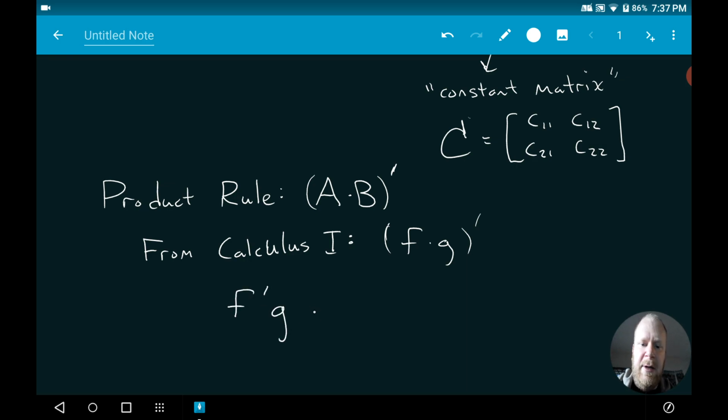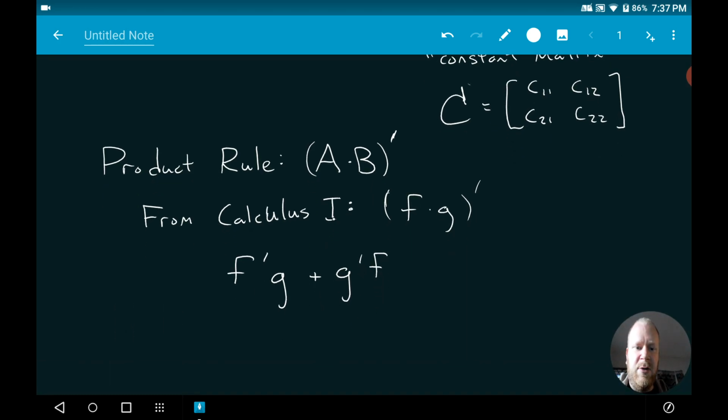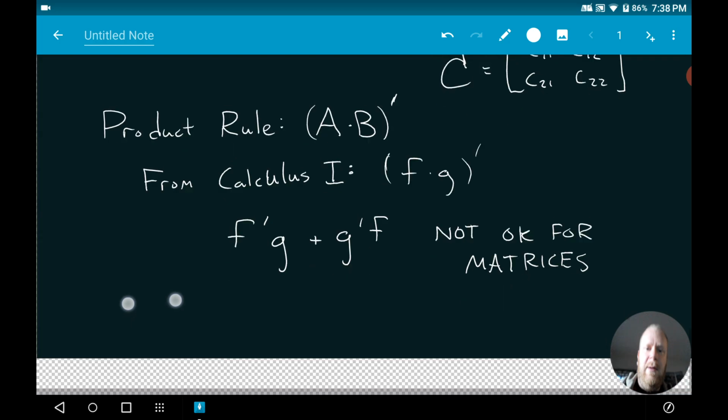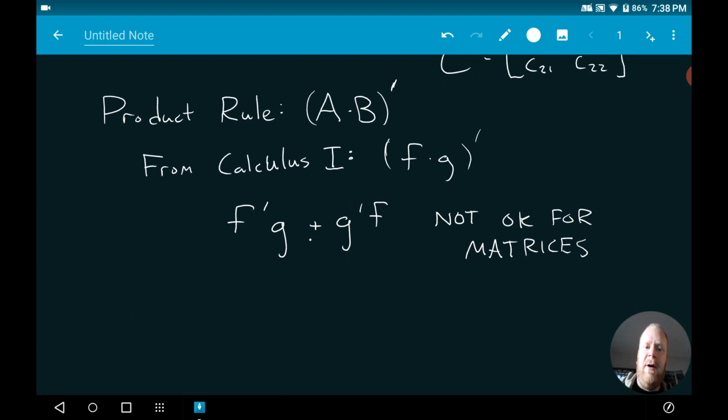somebody told me they learned that this was fig gif, right? And this is totally fine for Calculus 1 if you've just got two functions here. But this order is not okay for matrices. So like I said, the order in which you multiply matrices together matters.